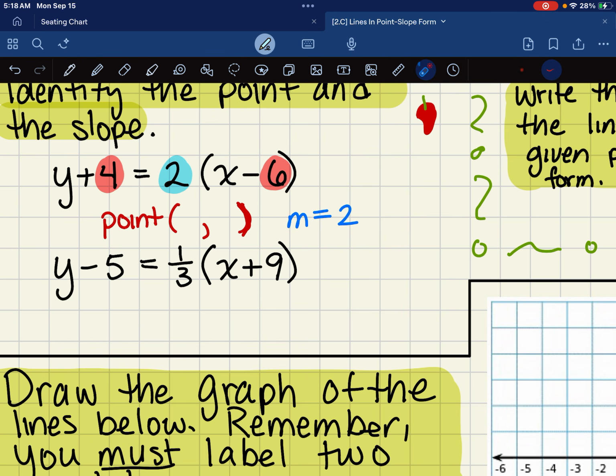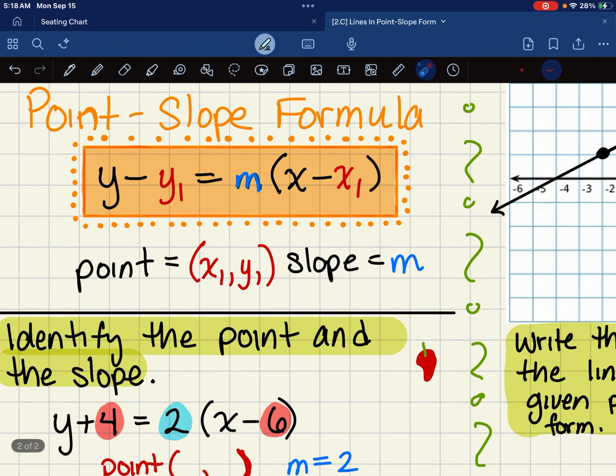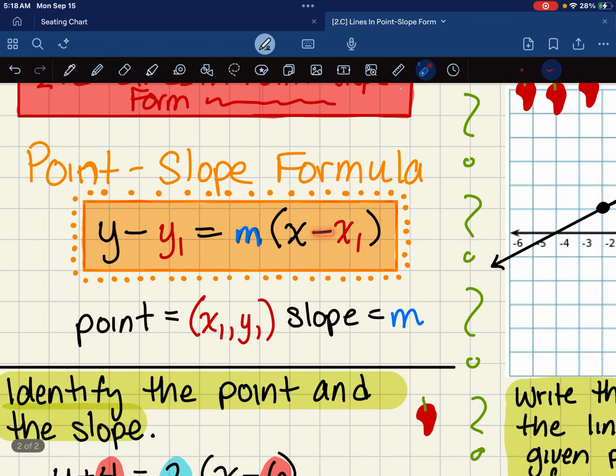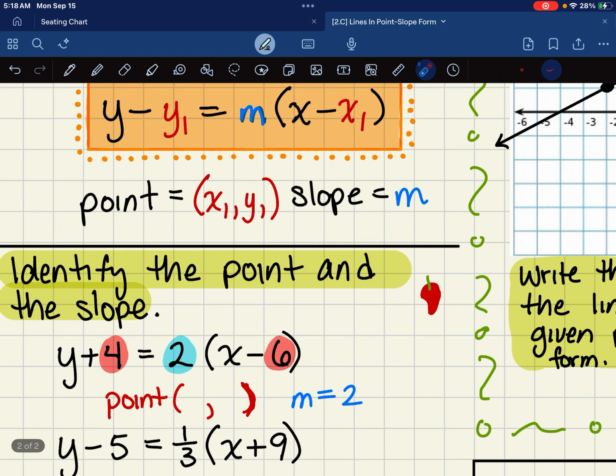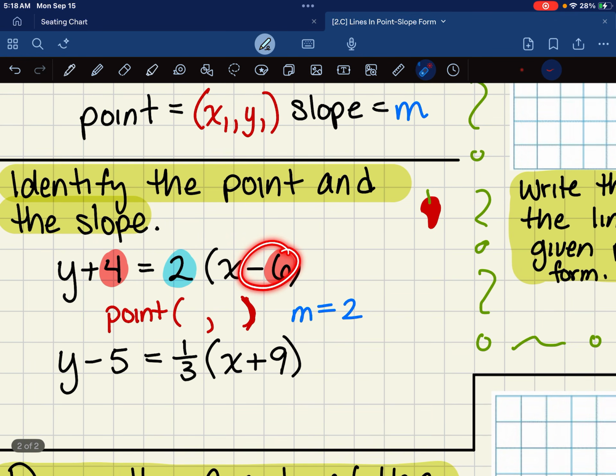But the point messes up kids because this formula has a negative here, which makes it look like these change signs. See how x1 is subtracted here, but it's positive here? Same thing with y1. In the formula, y1 is subtracted, but in the ordered pair, y1 is positive. So when I write these into my ordered pair, I need to make sure to change whatever sign they have.